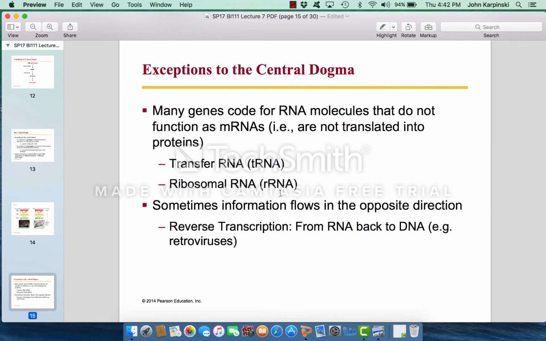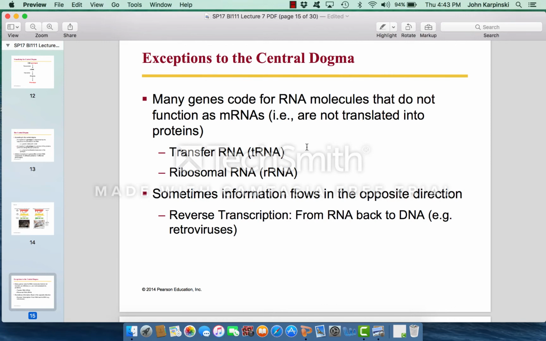Again, we'll be getting into more detail about these when we talk about transcription and translation, which is the first chapter we're going to review after the exam on Monday. So that's one exception to the central dogma: sometimes the process doesn't go all the way to the protein level. It just stops at RNA, so only transcription.